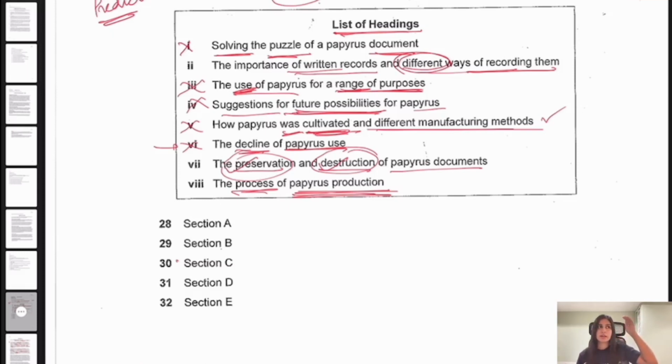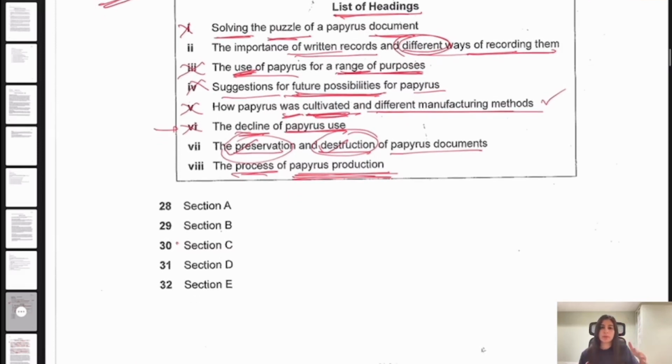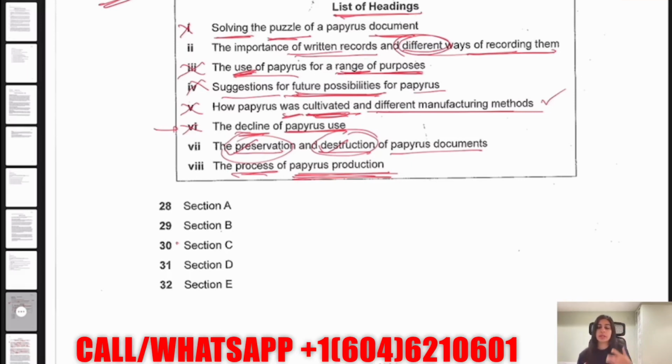So it would be a very rare scenario wherein the very first paragraph is talking about the decline of any topic. Decline comes much later. First, they'll be discussing how it originated, the beginning, and stuff like that. Okay, so this is not the answer.